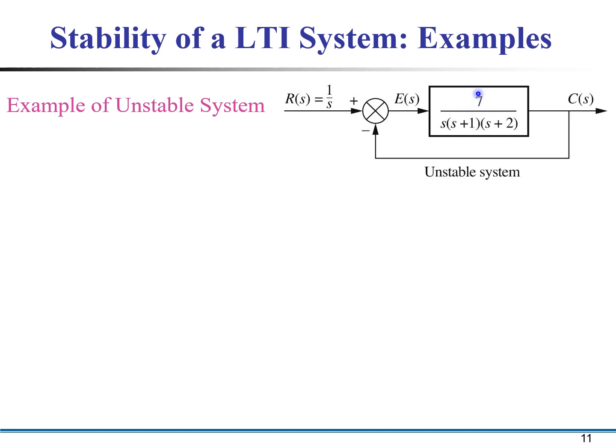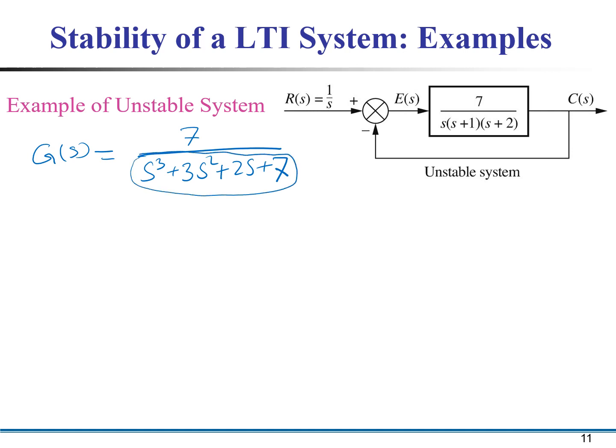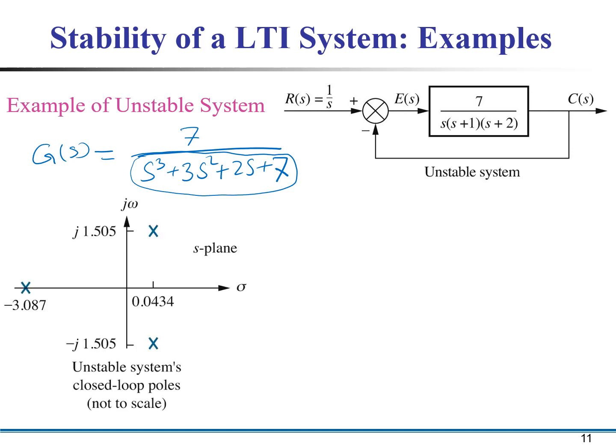In this case the closed loop transfer function we can write very easily like this: g of s is equal to 7 upon s cube plus 3s square plus 2s plus 7. Now if we find out the poles of the system, which are the zeros of the denominator polynomial, you will see that they are here.